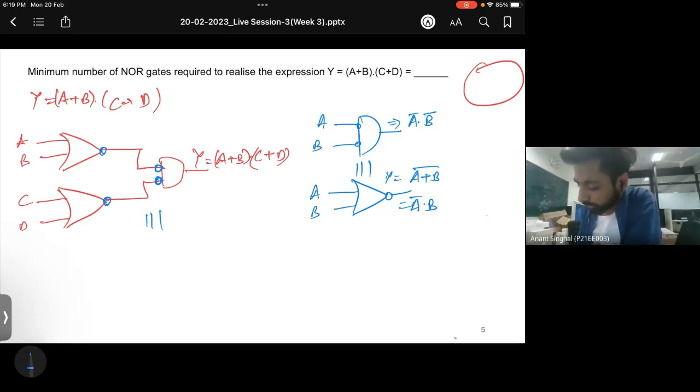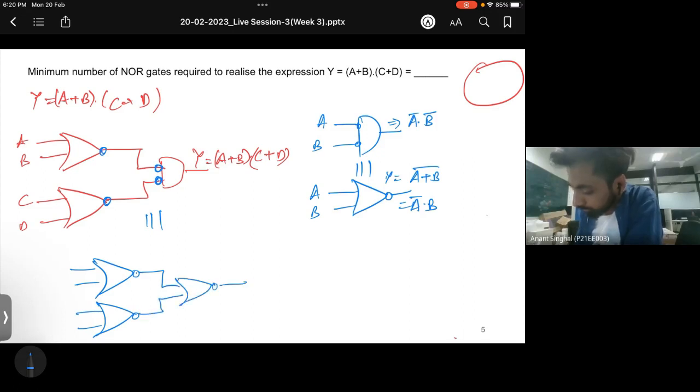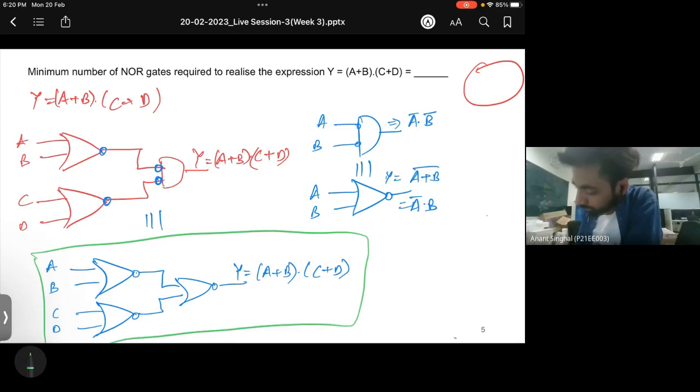So if I make the circuit equivalent to this, it will be nothing but this, and it will give the output of A plus B into C plus D. Does everyone agree? Please confirm if you understood this.